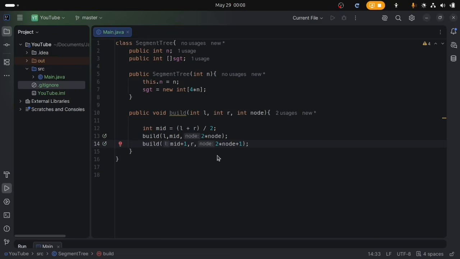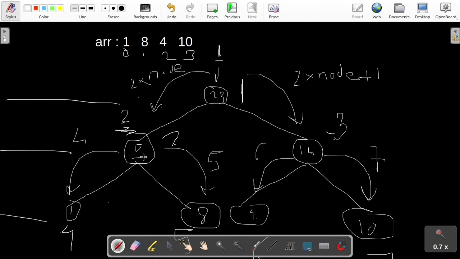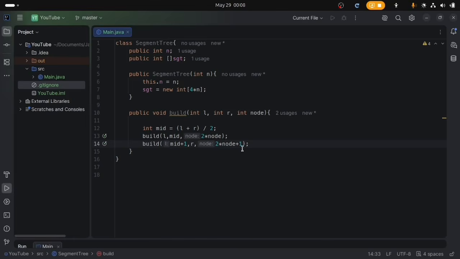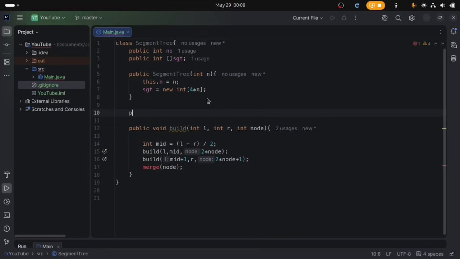Okay. Once both your recursive calls came back after doing their work, you have to combine their answers to calculate the answer for your current node. So for that we will write a merge function, and we will pass node in that. Public void merge integer node.